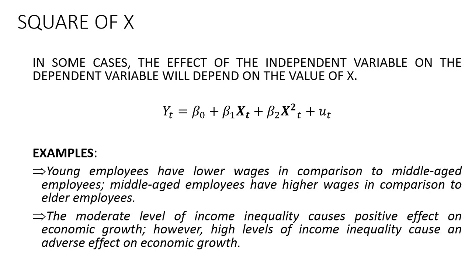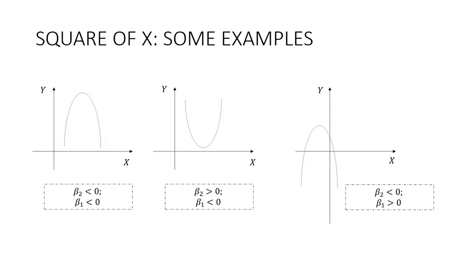Of course, there might be different signs of the beta 1 and beta 2 coefficients depending on the character of this relationship. So here we can see some examples. For instance, if beta 1 and beta 2 are both negative, so the coefficients of the linear and square terms are negative, then you have this inverted U-shape, like the Kuznets curve, for instance.